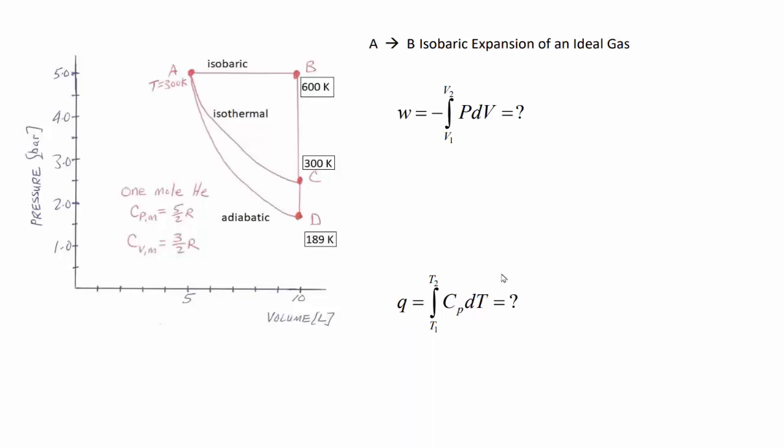Since we're doing this at constant pressure, we would simply integrate the constant pressure heat capacity over dT. So see if you can apply these two formulas to calculate W and Q for the isobaric expansion of an ideal gas. And I'll come back in a second, pause the video, and we'll have the answer.